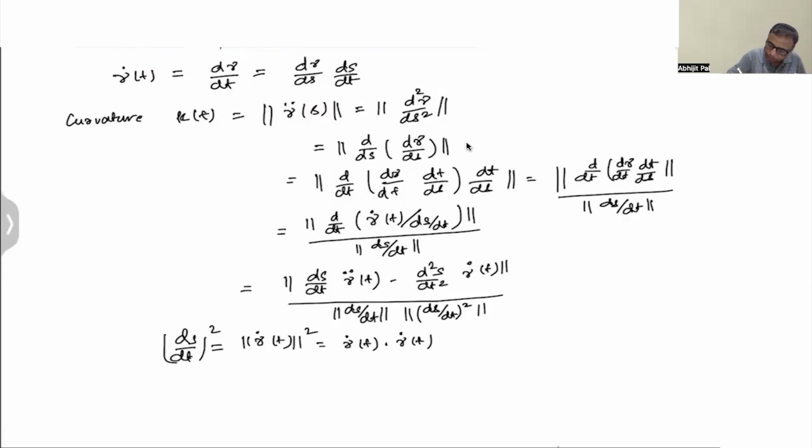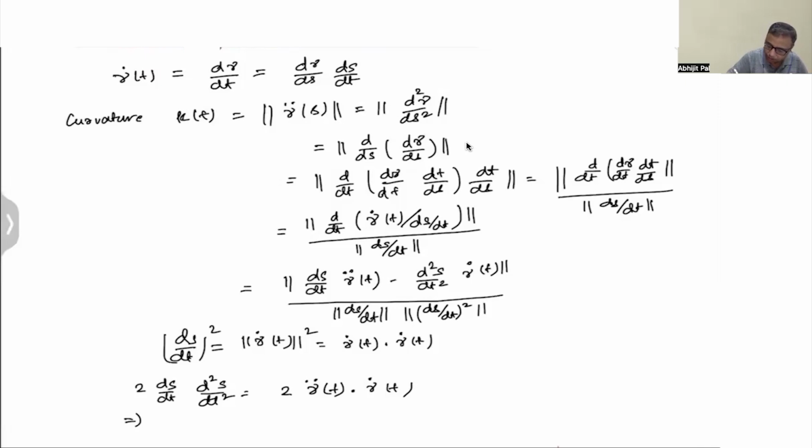Now if I take the derivative here, what will we get? 2 ds/dt d2s/dt2 is equal to twice gamma double prime(t) dot gamma dot(t).